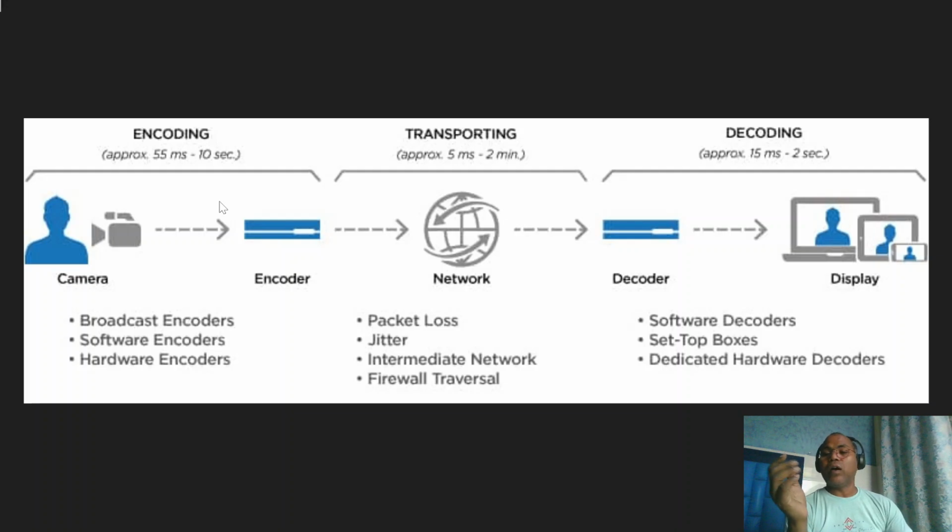Until you know where your latency is going high and where it is consumed majorly, how can you work on it?